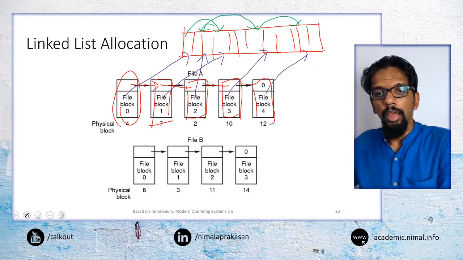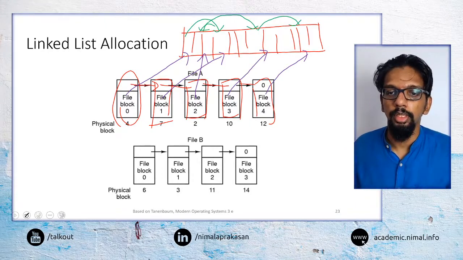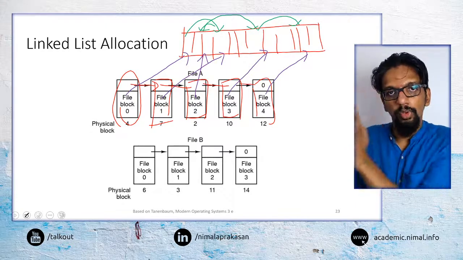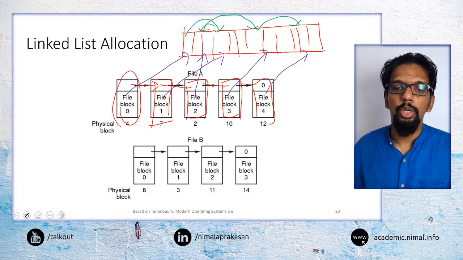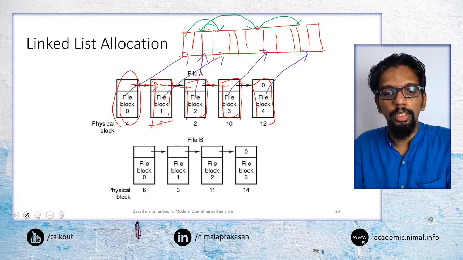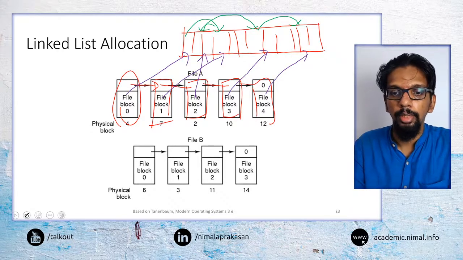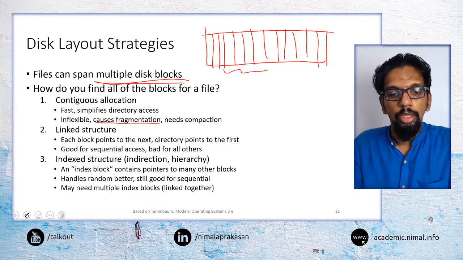So they are going to have pointers from one to the other across this storage medium. So they are not going to be continuous one after the other. They can be stored anywhere. So the physical order doesn't have to be the same as the logical order of the blocks, and they can be in any place.